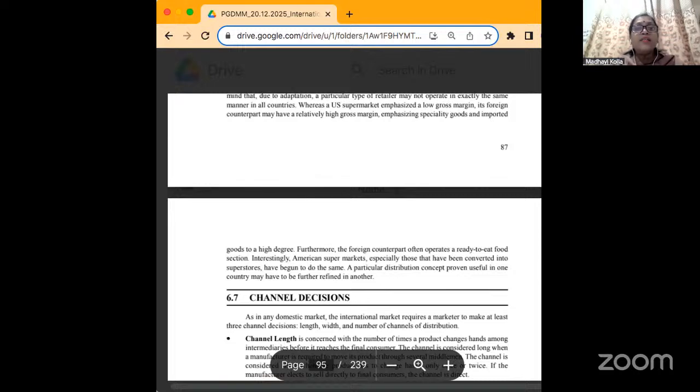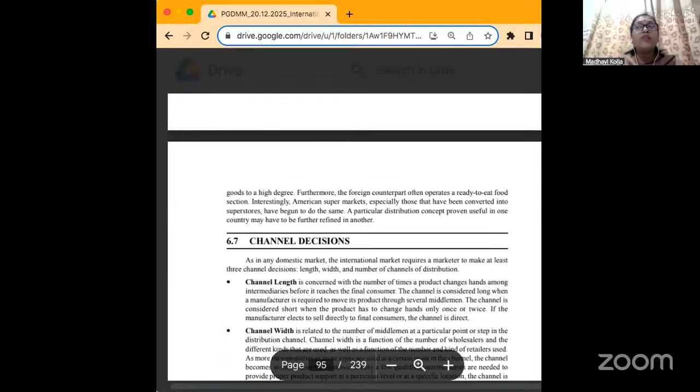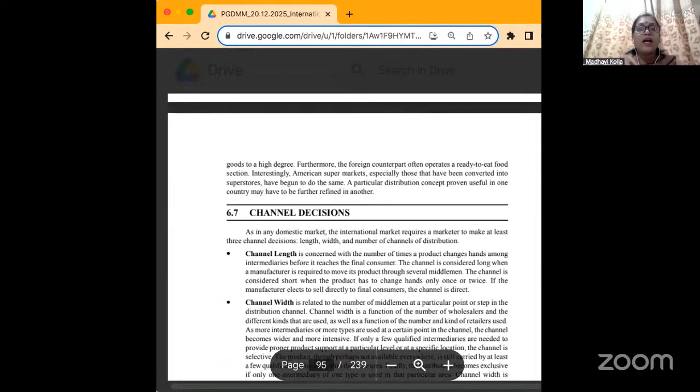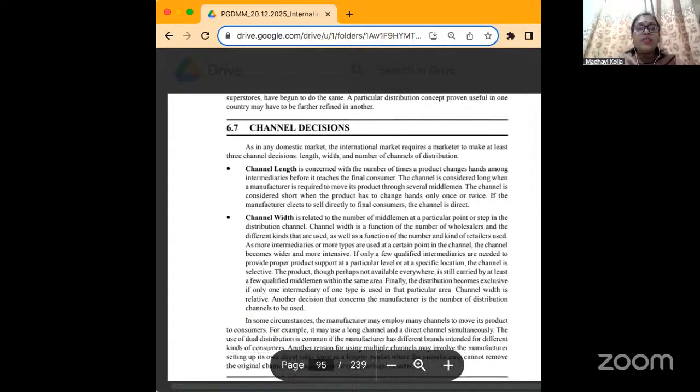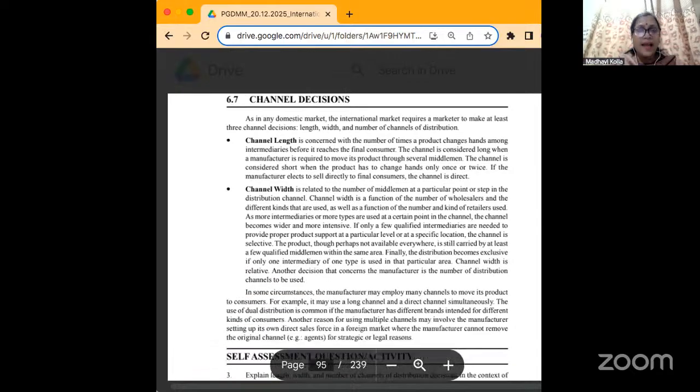In some countries, they may not do so. Unless there is a sufficient margin for them, they may not be willing to take your products onto their product line. So the channel decisions are based on certain characteristics.